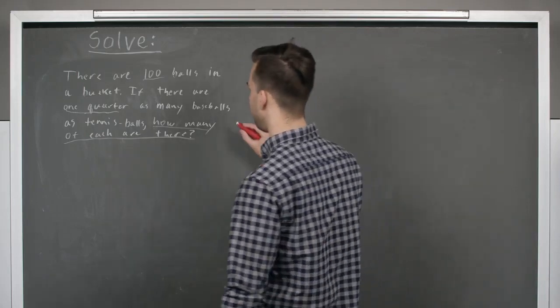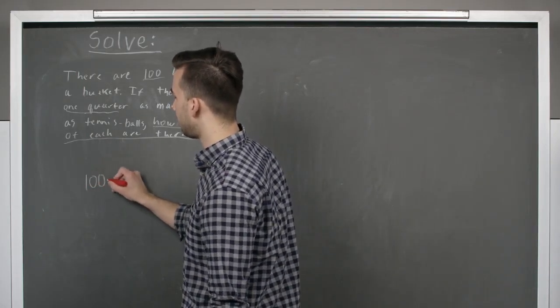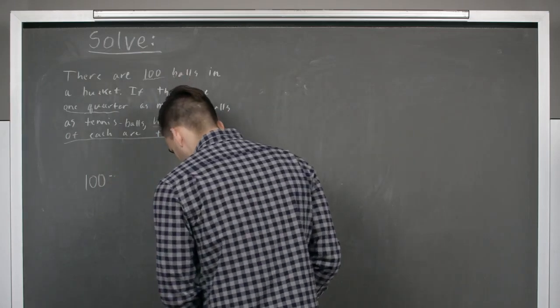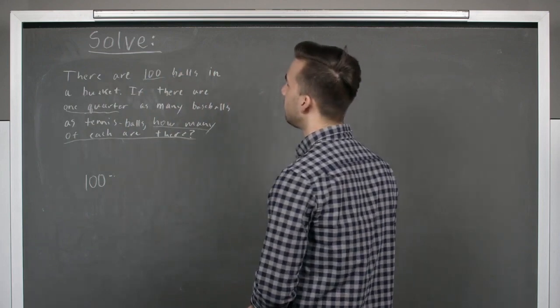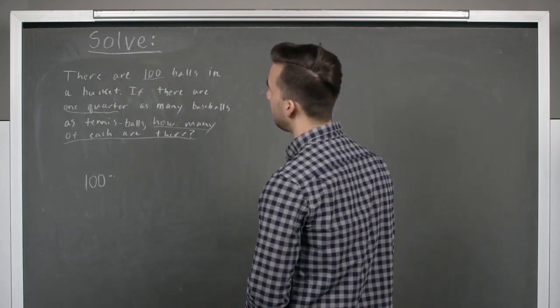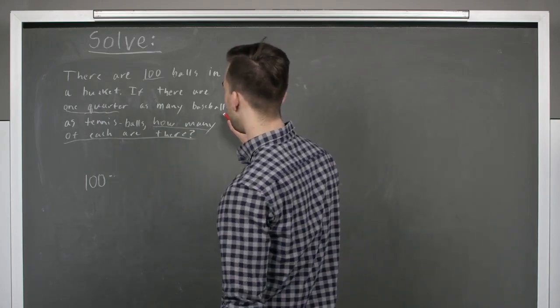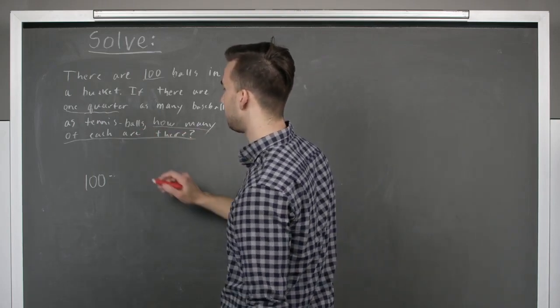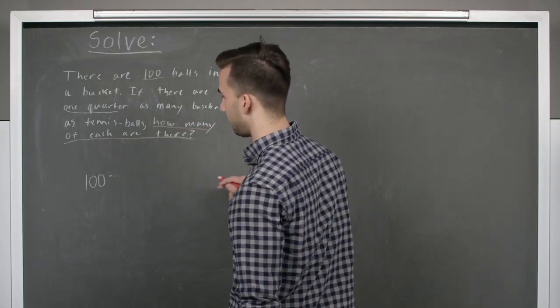But let's try and write an equation. So we know we have 100 total balls, and what do we want our variable to be? Well, we can let the variable be tennis balls because we know that the baseballs will be 1/4 of that.